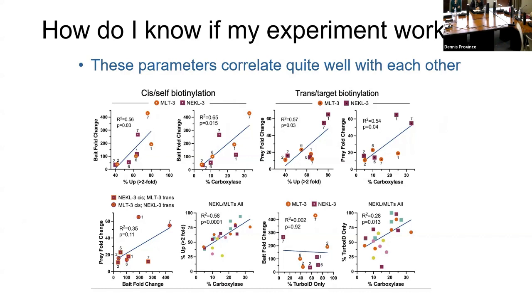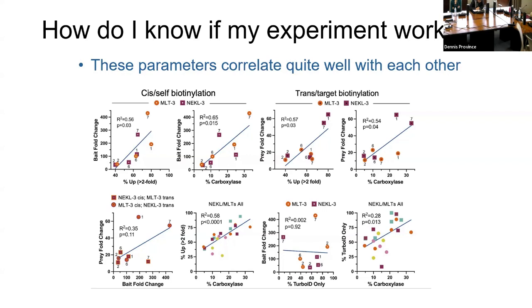The one funny thing I'll mention here that's a little bit surprising: if I plot bait fold change against prey fold change for NECL3 and MOL3, it's not great. You think, let's say I did an experiment where the bait was NECL3, finding partner MOL3. Well, if I did an experiment where NECL3 was 50-fold and MOL3 was 20-fold, okay, that's one experiment.